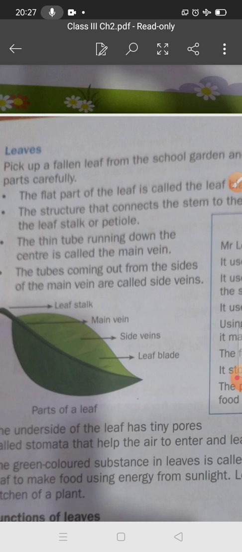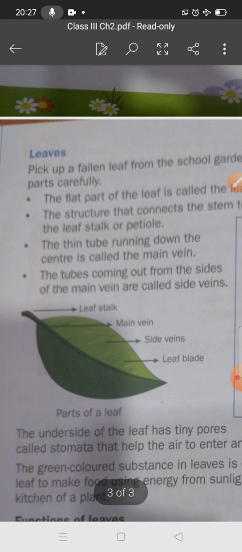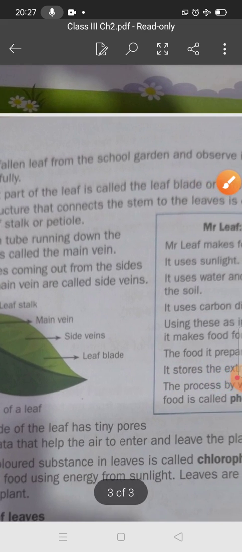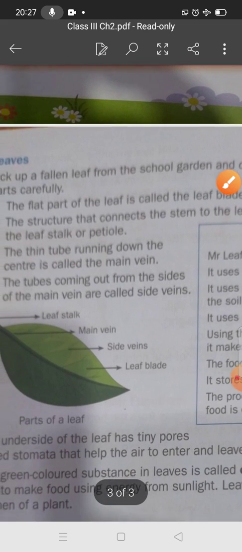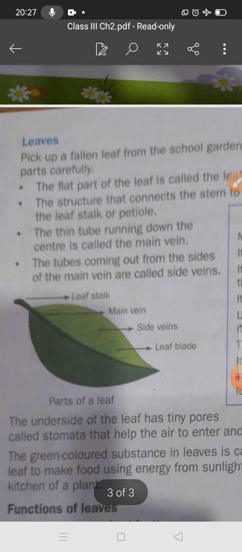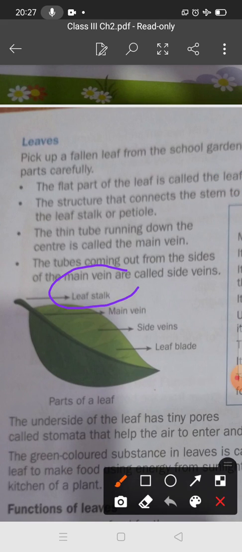And if we talk about the leaf stalk, now you can see there is a leaf stalk. This is the leaf stalk. This is the structure that connects the leaves to the stem.